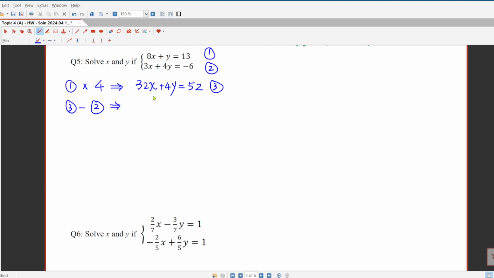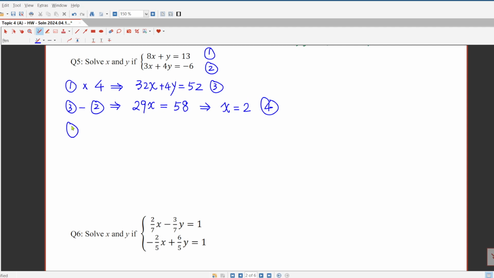Then the left side will give you 29x. And the 4y cancels with 4y, right? And the right side is 52 minus 6, which is 58. And then we can see x is just 58 over 29, which is 2, right?